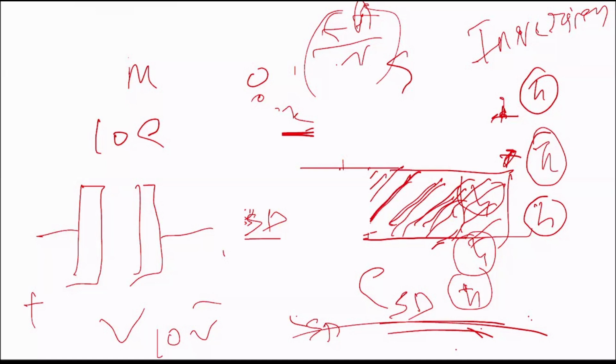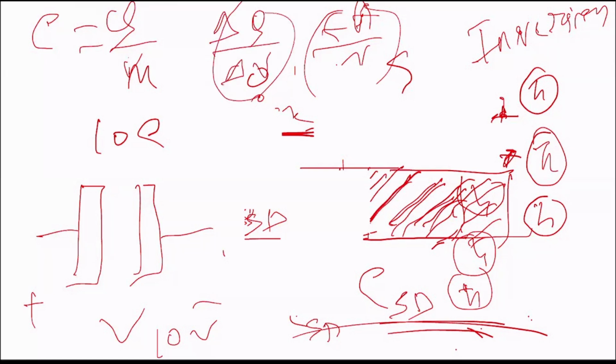This is not true because I have just mentioned that capacitance is not Q by V here. It is del Q by del V. Remember. So if I ask you what is the capacitance of this capacitor at 10 volt, what will you do? You keep it at 10 volt and change it a little bit, right? Let's say 0.1 volt.